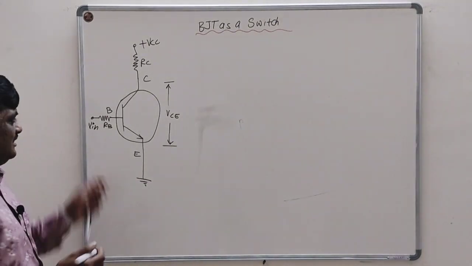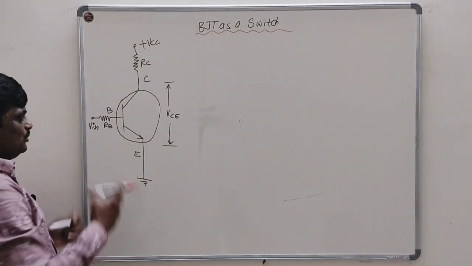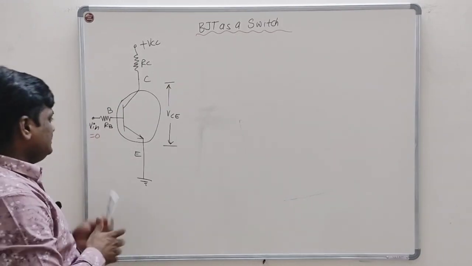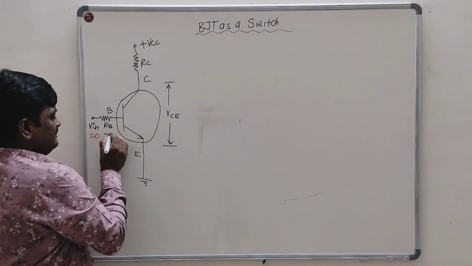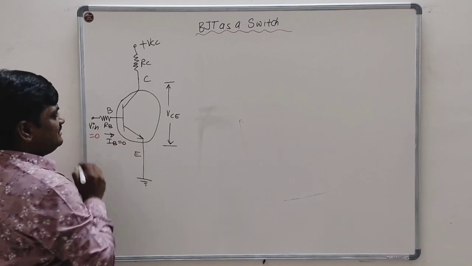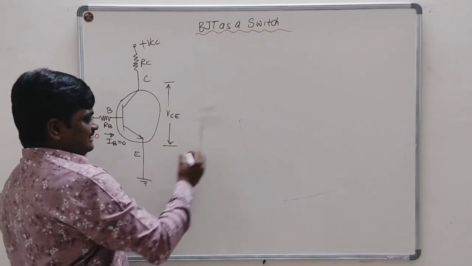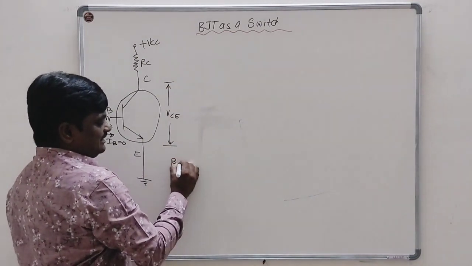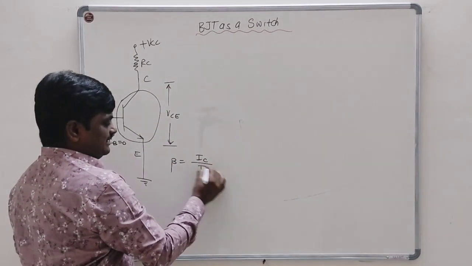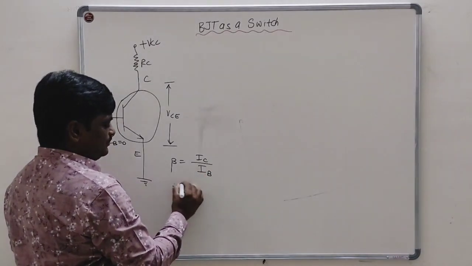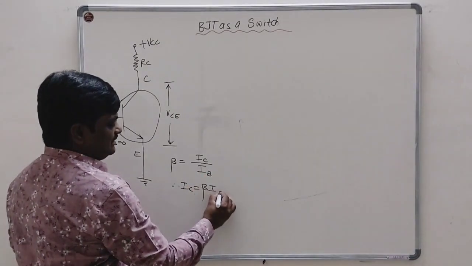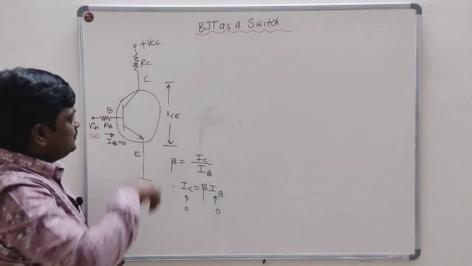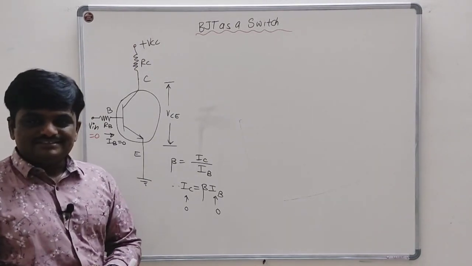Now, first case: if the input voltage is equal to 0, then the base current IB will be 0. We know that in the common emitter configuration the current gain beta is equal to the output current IC divided by the input current IB. Hence, IC is equal to beta times IB. If IB is 0, then IC will also be 0, and no current is flowing through the transistor.